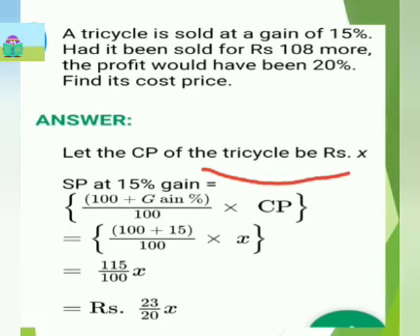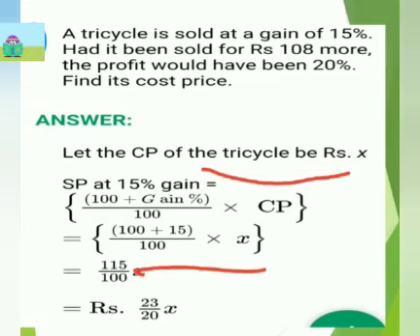Now let us calculate the selling price of the tricycle at 15% profit percentage. So selling price at 15% gain, let us calculate. For that we will use the formula (100 plus gain percent) upon 100 multiplied by CP.